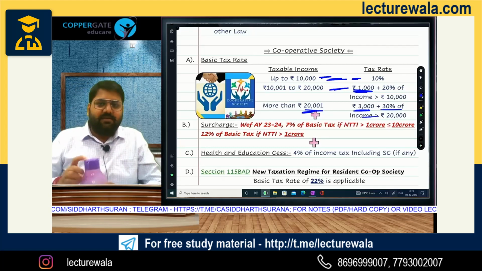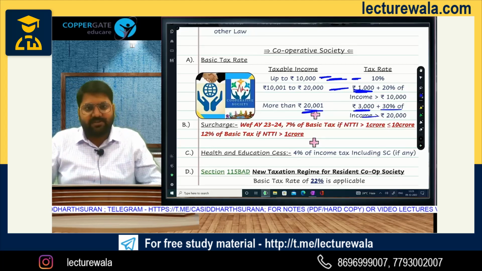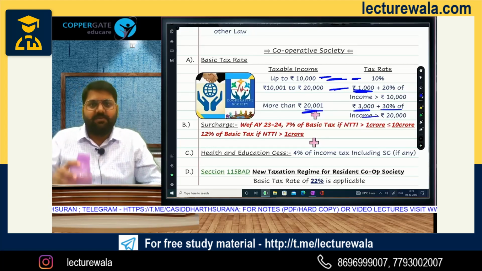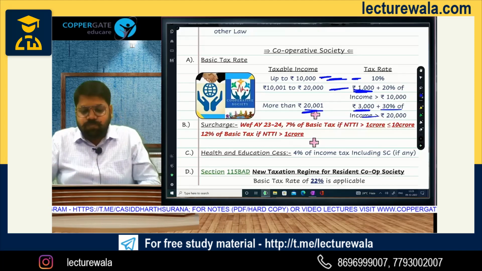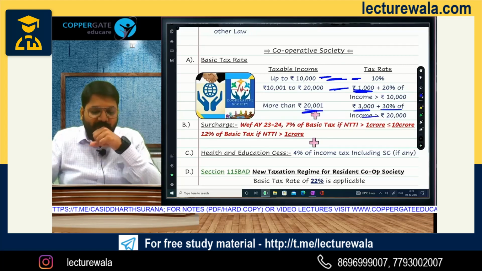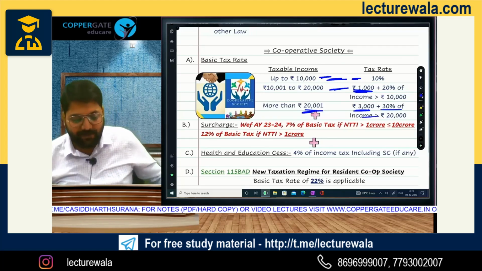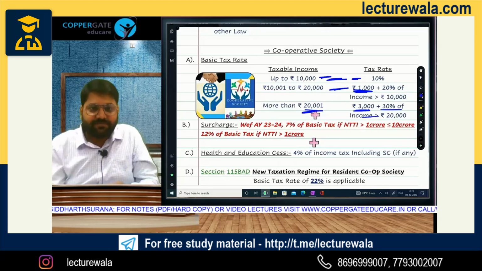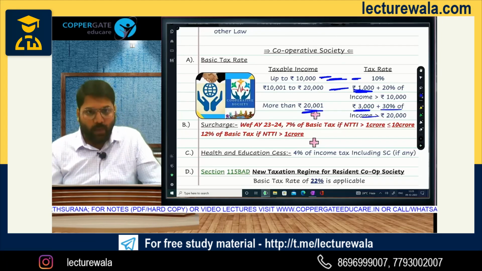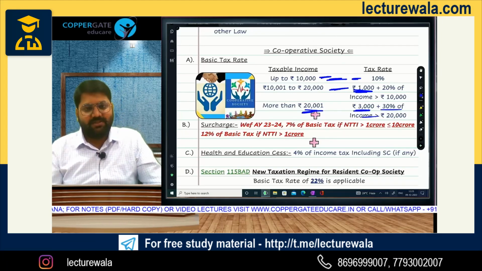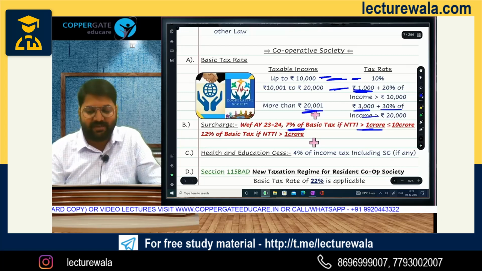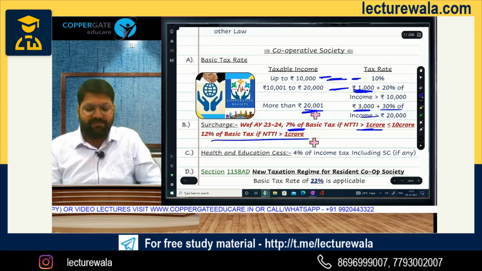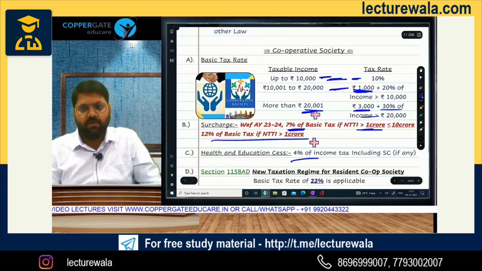Till last year, if income exceeded 1 crore, there was only one surcharge, 12%, till infinity. But now, if income exceeds 1 crore, it will be 7%, like a domestic company. And if it exceeds 10 crore, then it will be 12%. And obviously, cess is going to come.